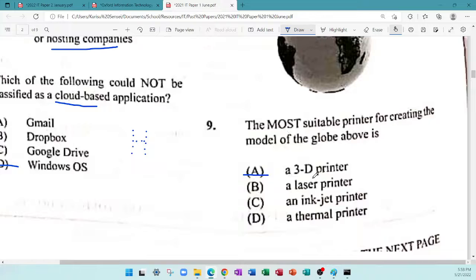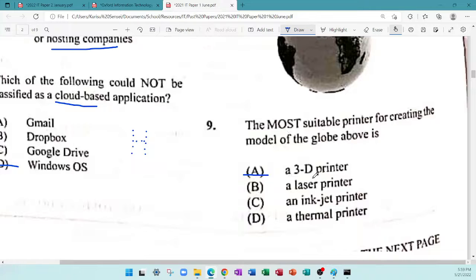For the laser, what type of ink does it use? What's the texture, the substance they would use?